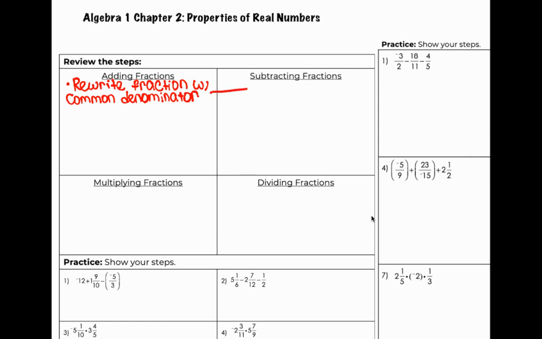And that is also true for subtraction. So to save you some writing, we'll put that there. Then you're going to add the numerators. And then simplify. So if you can reduce, you'll reduce.